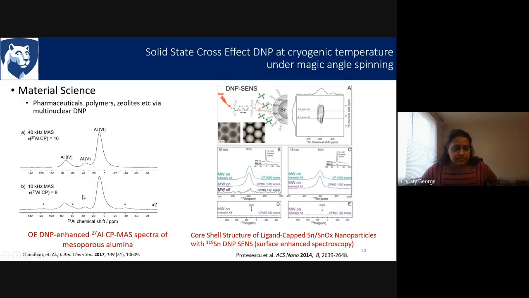For example, here I'm showing some of the materials applications which I have taken from literature. This is a magic angle spinning DNP spectrum on a mesoporous alumina sample, and different types of aluminum sites within that kind of sample could be detected using the DNP experiments.